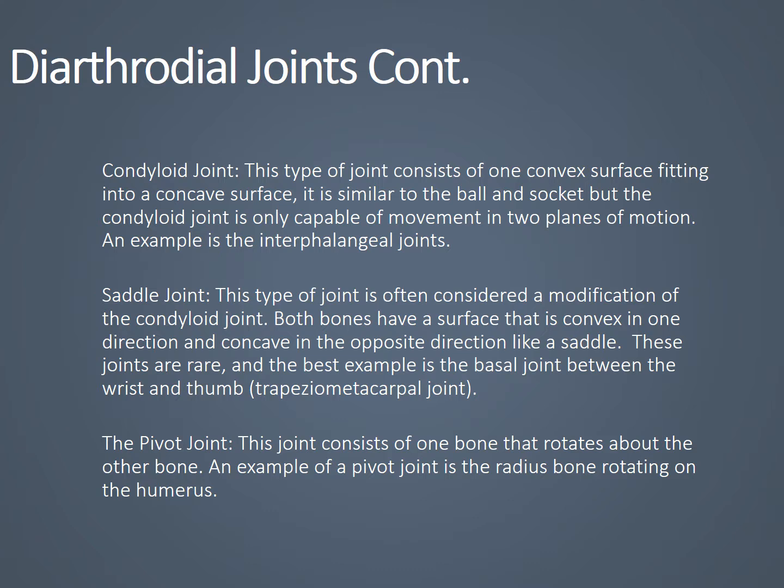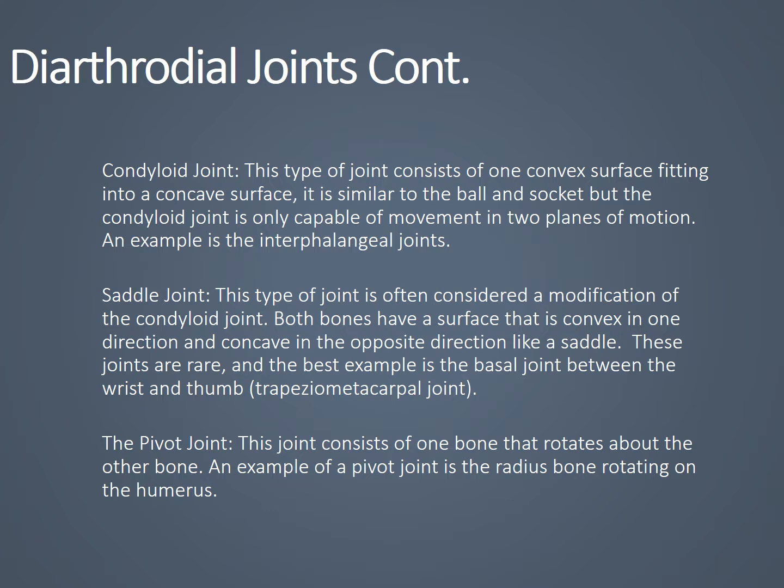Condyloid joint. This type of joint consists of one convex surface fitting into a concave surface. It is similar to the ball and socket, but the condyloid joint is only capable of movement in two planes of motion. As an example, we will use the interphalangeal joints. Saddle joint. This type of joint is often considered a modification of the condyloid joint.